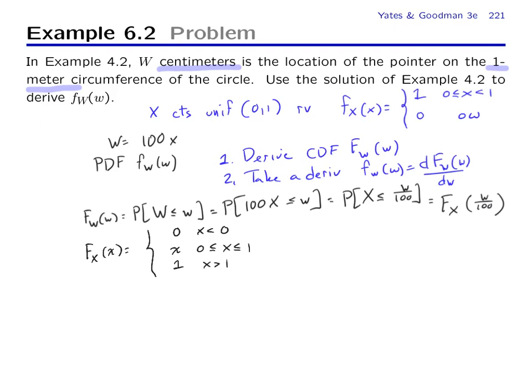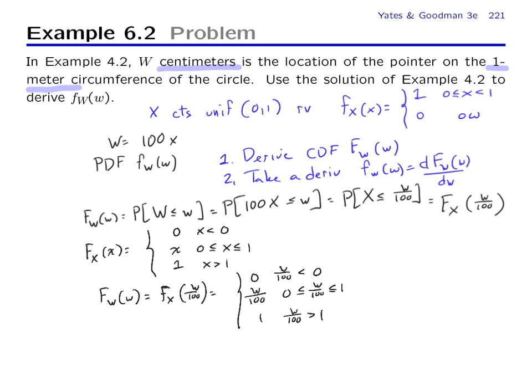And now we can just simply substitute in: the CDF of W is the CDF of x at w over 100. We can just simply take the right side of the CDF of x and plug in w over 100. This kind of macro substitution is surprisingly powerful and effective.